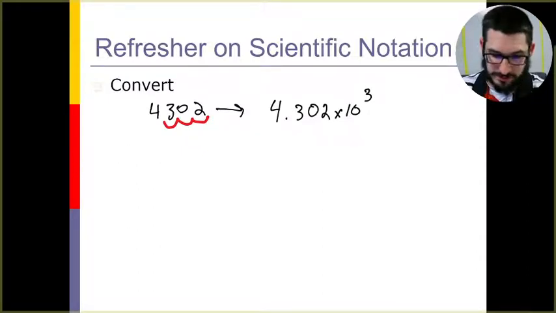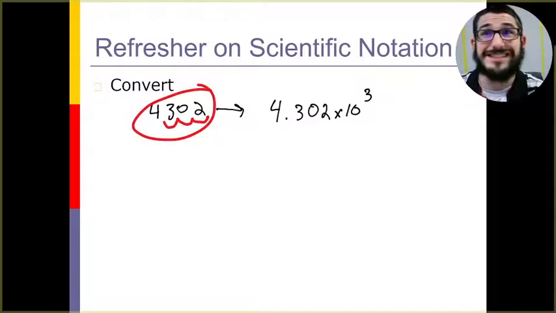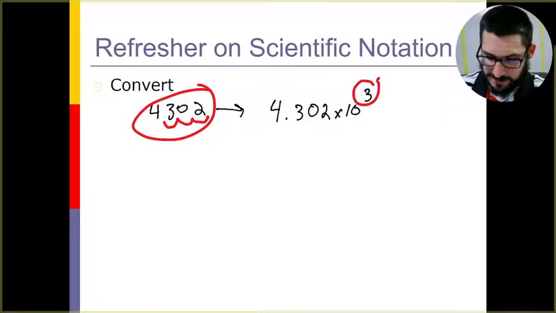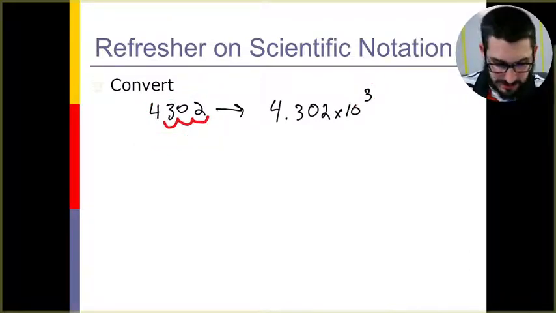Since my standard notation was greater than 1, it's going to be a positive exponent, so I've got positive 3 as my exponent here.